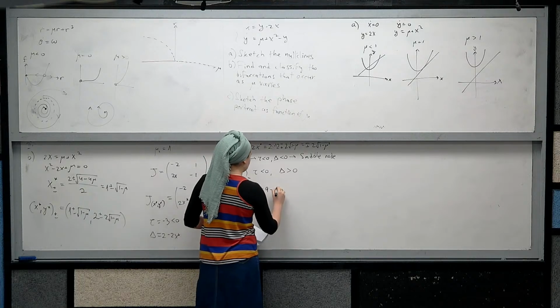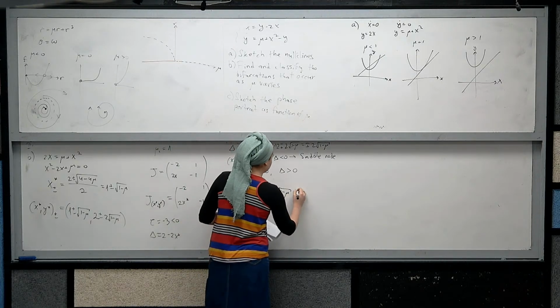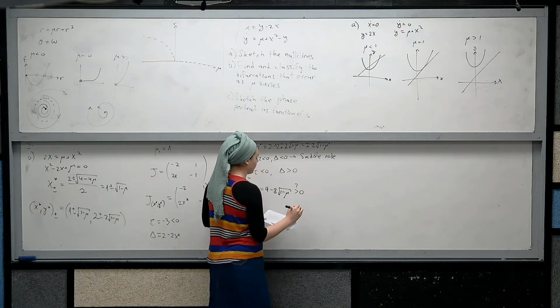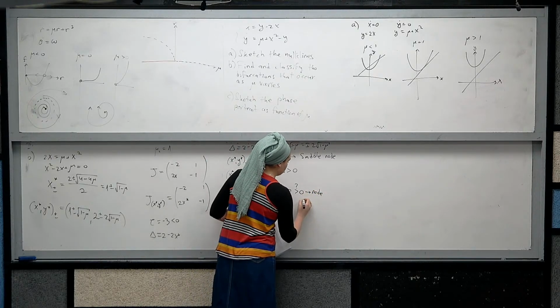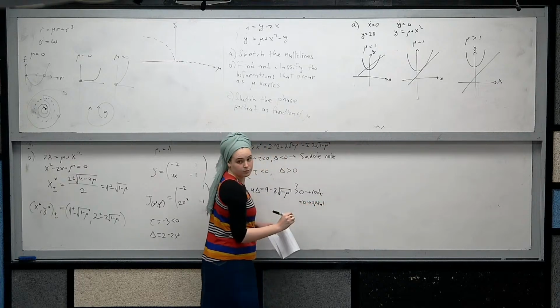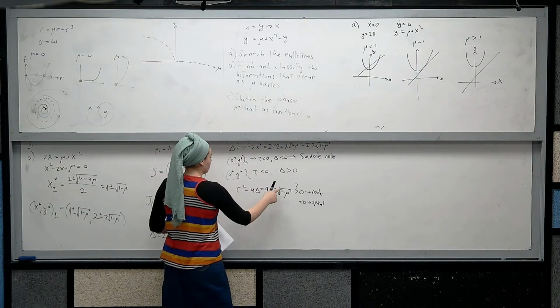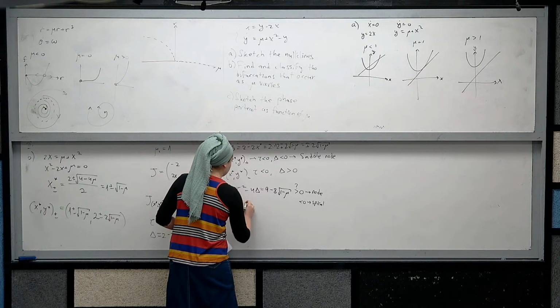So minus 8, 1 minus mu. Okay, so when will it be bigger than 0? If it is bigger, we get a node. Okay? If it is lower, we get a spiral.